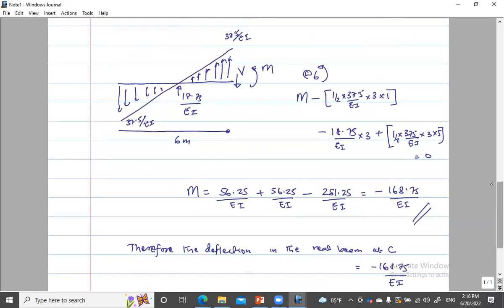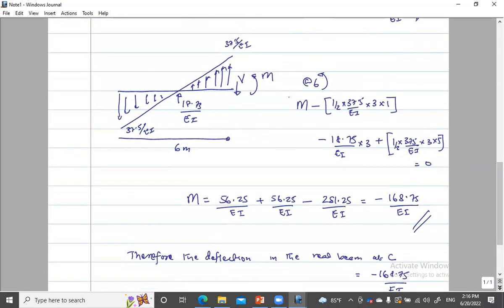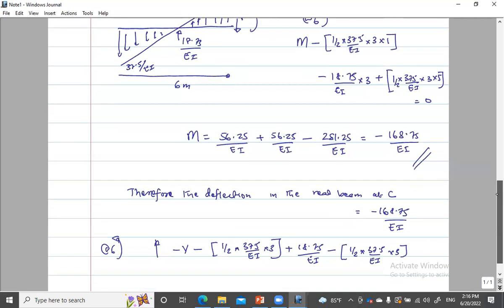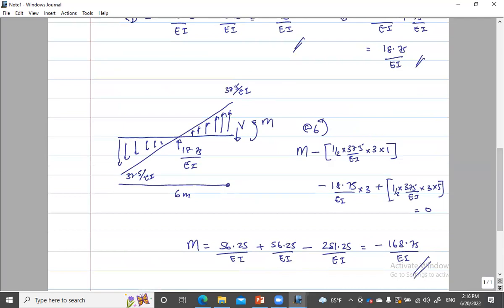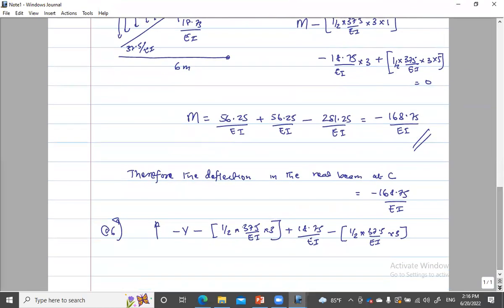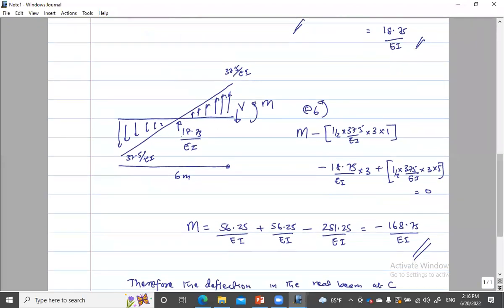So I'm making a mistake here because now I'm taking everything acting upward. So V is correct, minus V, but the load due to this one is plus. It's acting upward. Then the vertical reaction is plus. Then this is minus. That is correct.